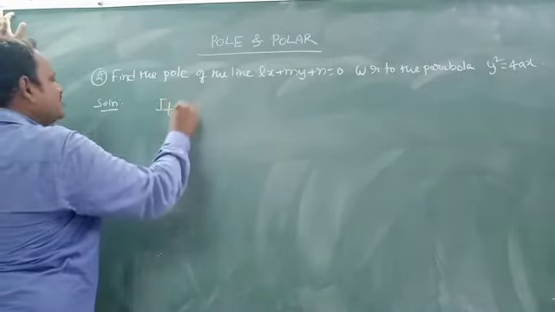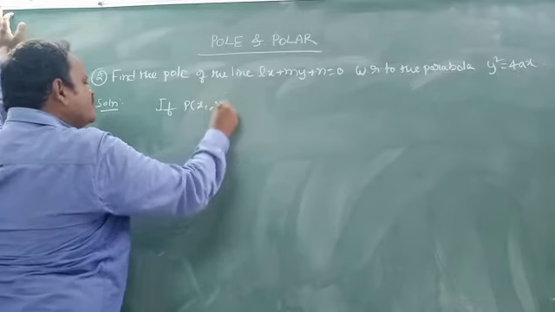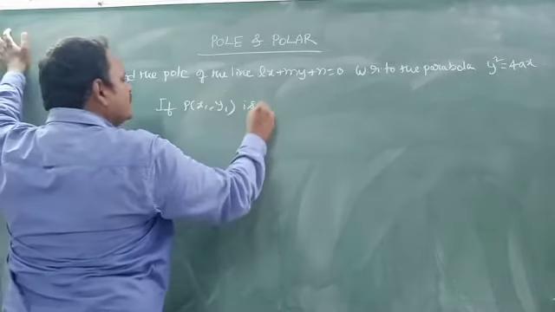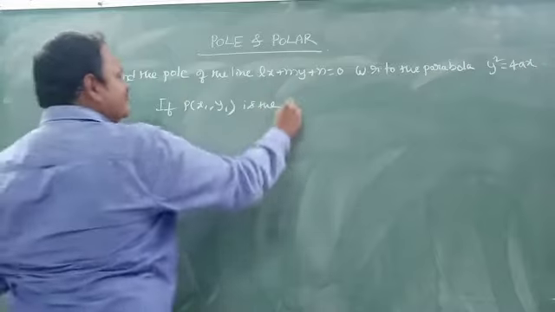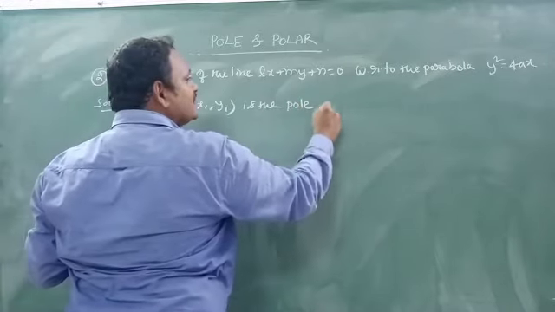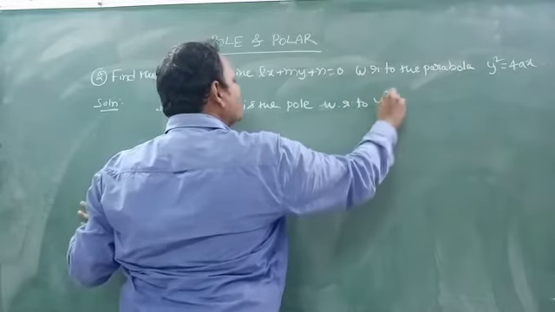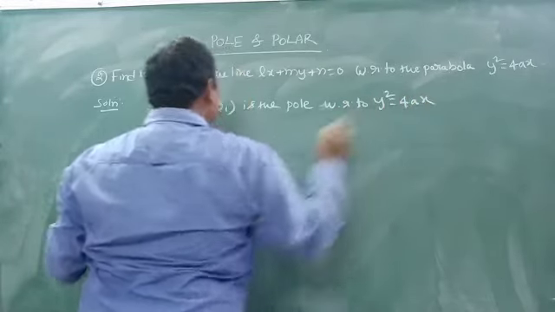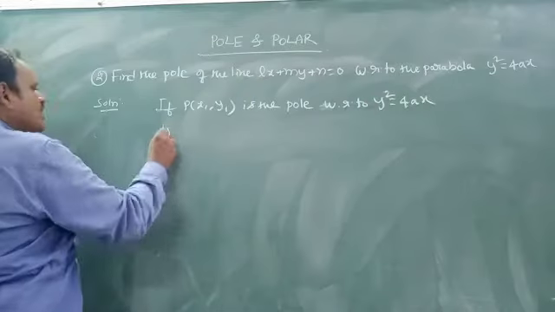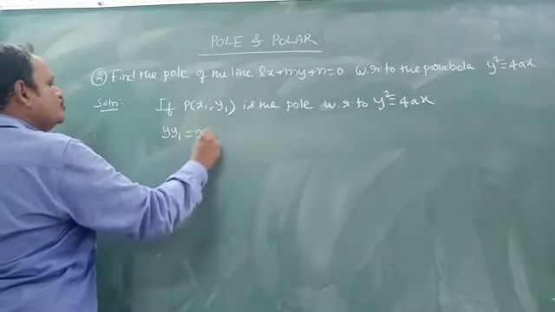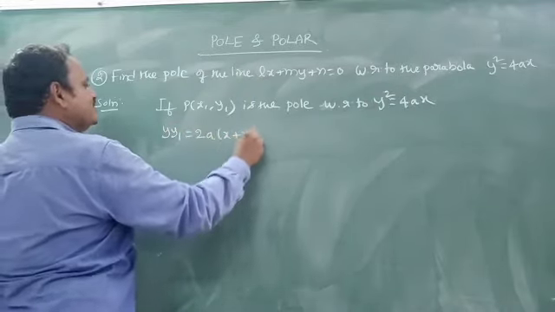Let x1 comma y1 be the pole, okay, this is what we actually need to find. If it is the pole with respect to y square equal to 4ax, then we know the equation of the polar is y1 is equal to 2a into x plus x1, right?